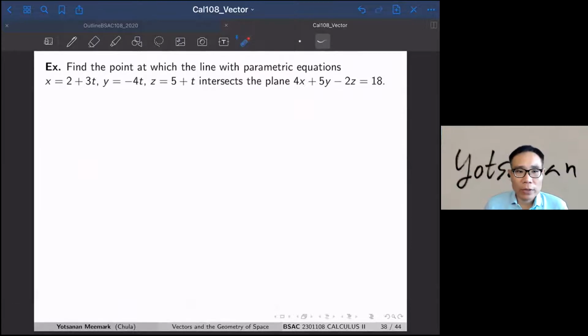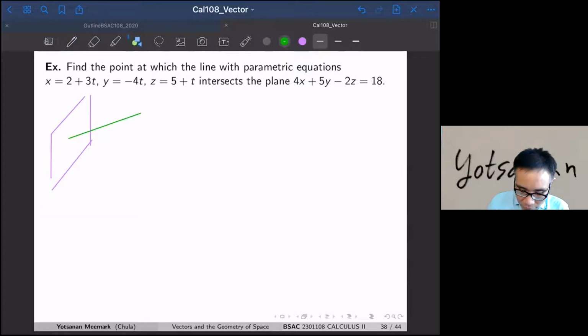The next one, we'd like to find the point at which the line with parametric equations intersects the plane. So you see that if you have the plane look like this, and you have a line that intersects this plane, so it's going to be this line, and we're going to have something in the back as well.